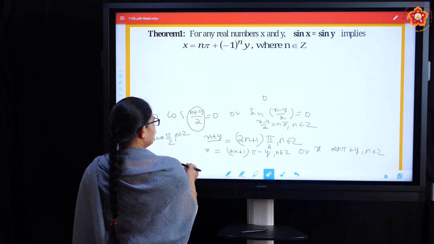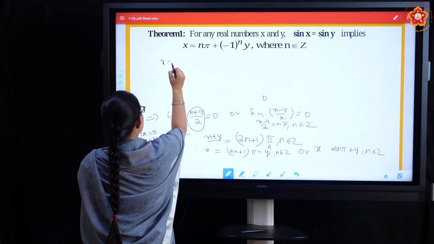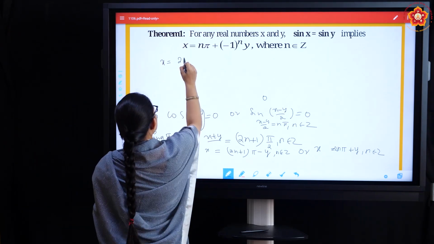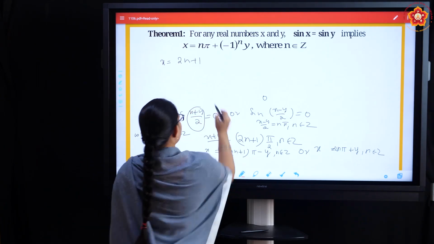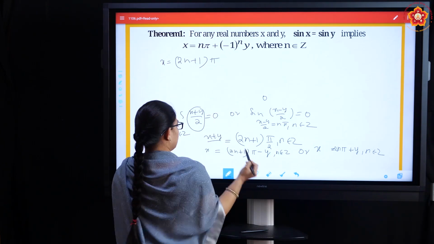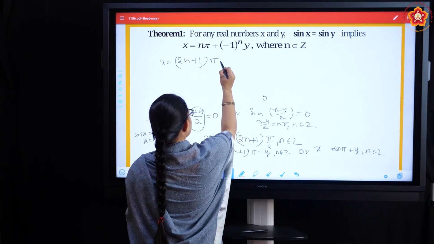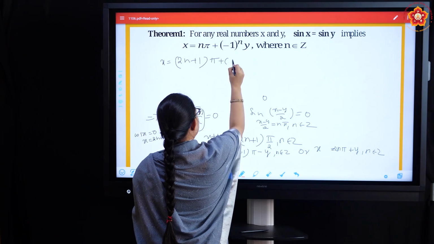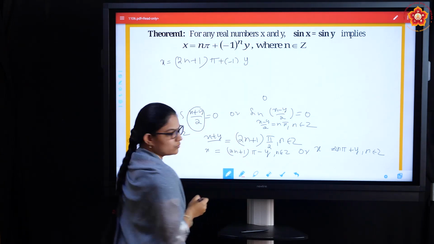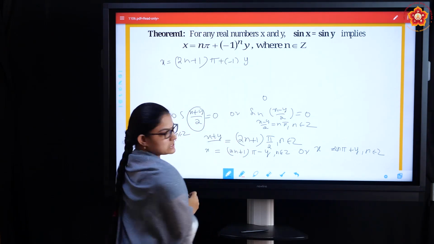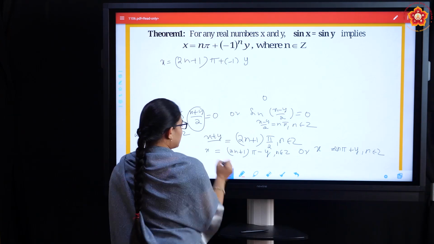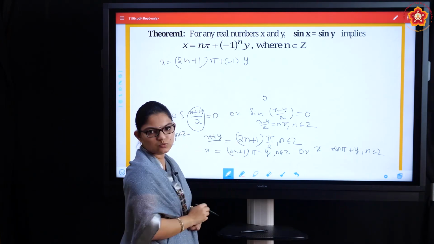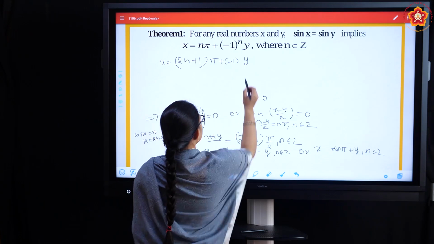Now I have here x is equal to (2n plus 1) pi minus y. Minus y I can write as plus of minus 1 into y. Correct? Minus 1 into plus is minus. So I am writing it as plus of minus 1 into y.